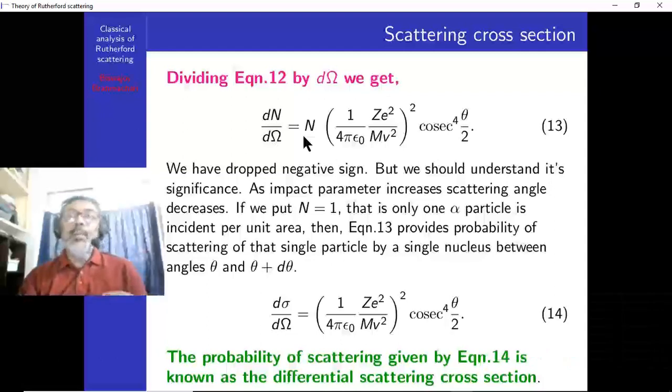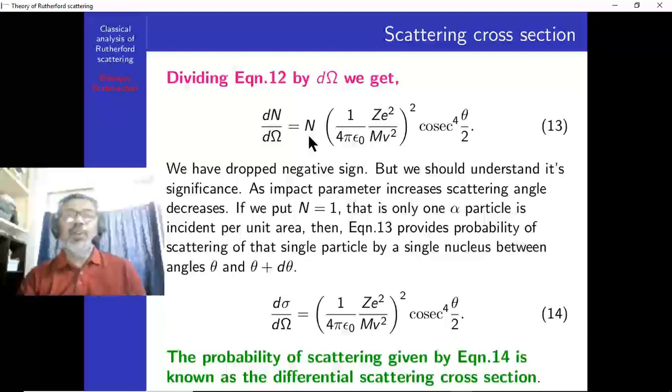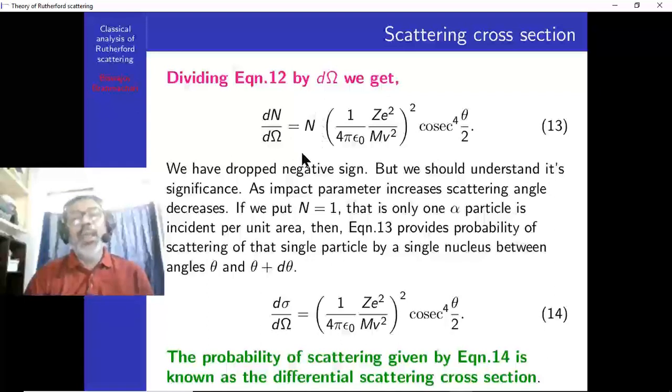Now only one alpha particle per unit area. This is not realistic, but we are just doing it in a hypothetical way, because after all we have to do it in the method of unitary methods, the way the unitary method of arithmetic works, where now we put n equal to 1.